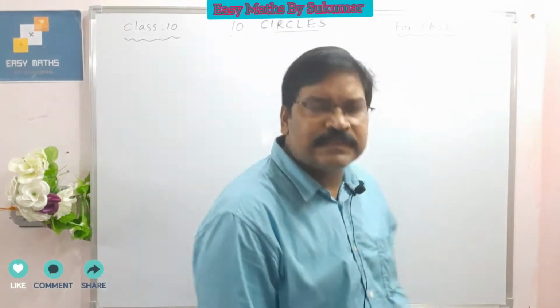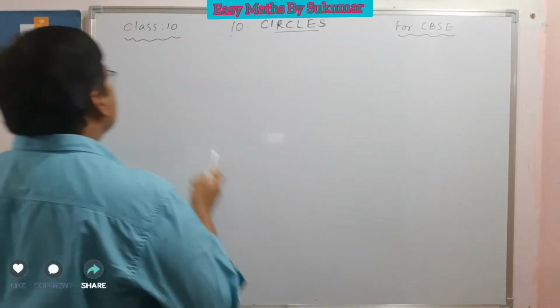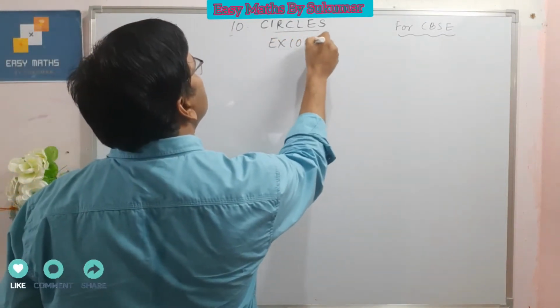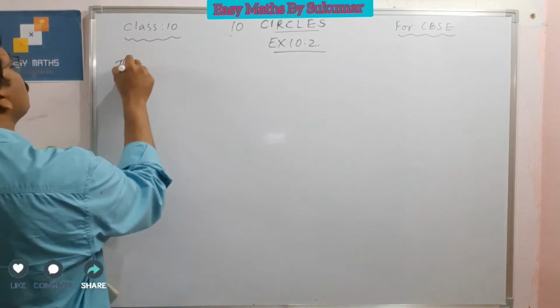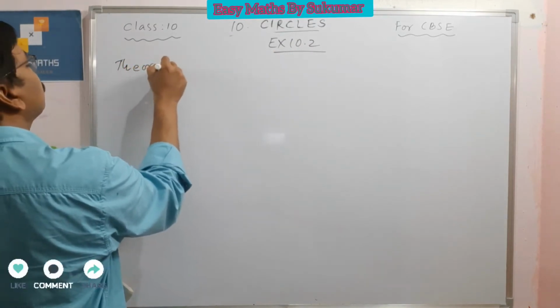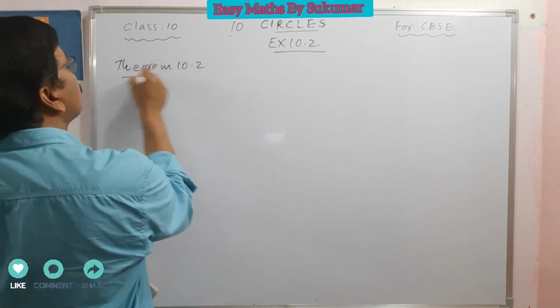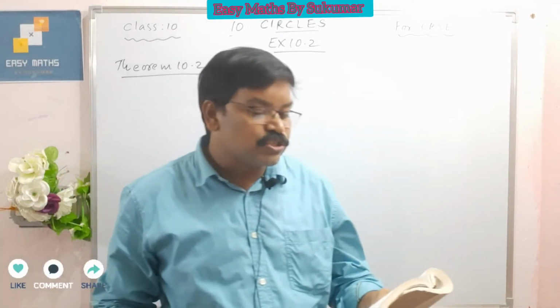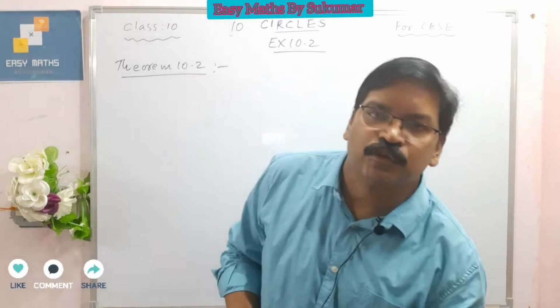See my dear students, to start this exercise 10.2, we should first learn theorem number 10.2. This theorem says the lengths of tangents drawn from an external point of a circle are equal.